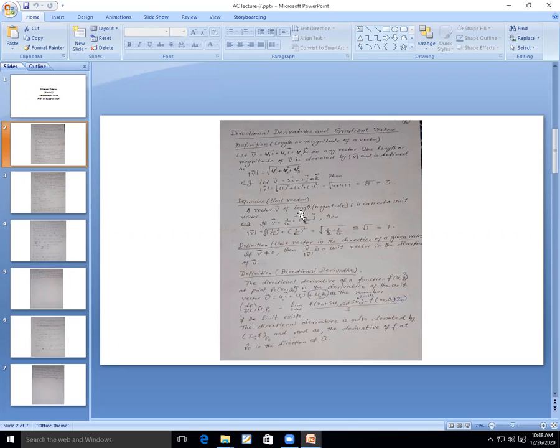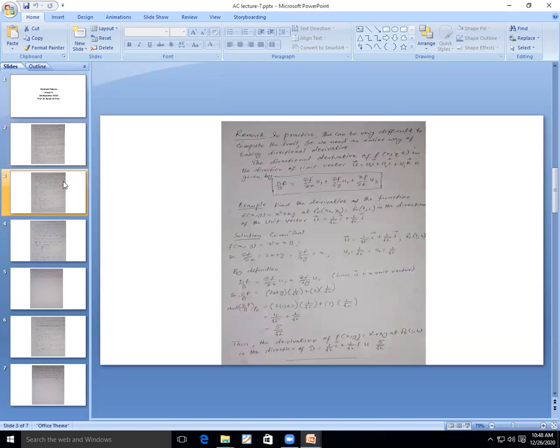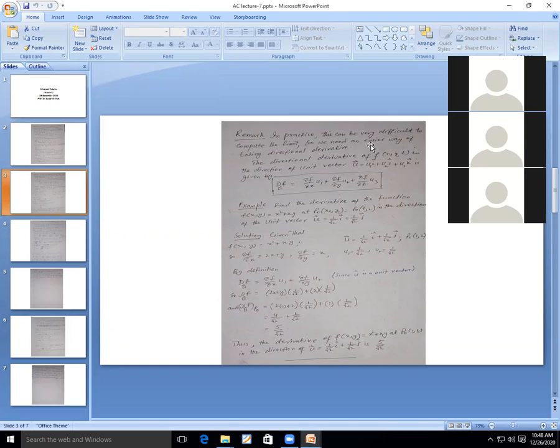So this was the definition of directional derivative, but remember that it is very difficult to use this definition for finding the directional derivative of a given function in the direction of unit vector in practice.